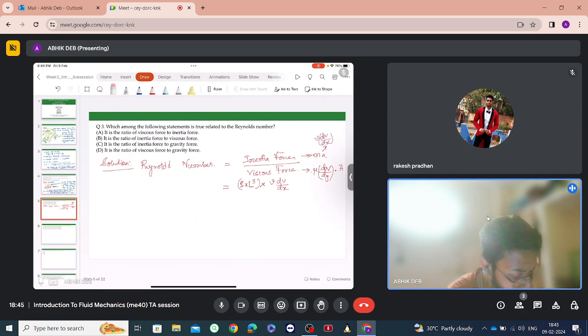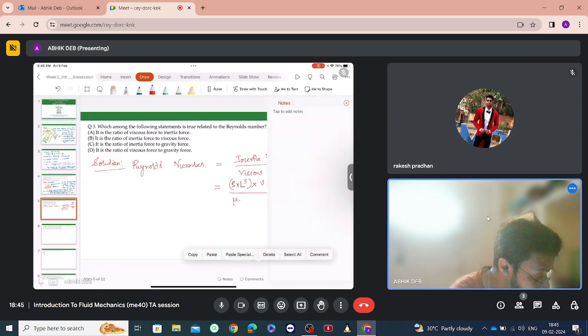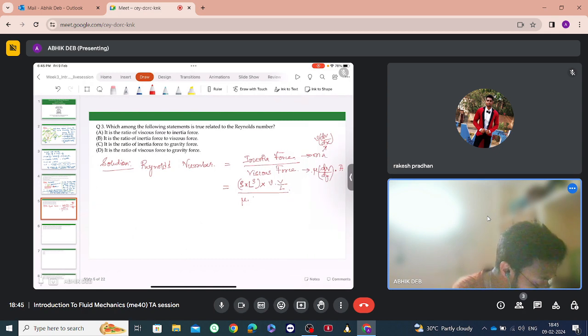So if we write the dimensions here, v, dv is also v, and dx is L. For this one it is mu, dv is v, dy is L, and this is L square.